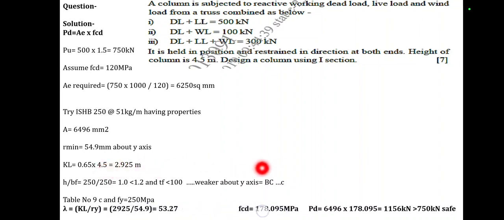Why have we chosen table number 9C? Because our buckling class is C. If our buckling class would be B, that time we would have calculated the value of FCD from table number 9B. Now here our buckling class is C, that's why we have taken table number 9C, and by interpolation we have calculated the value of FCD as 178.095 MPa.